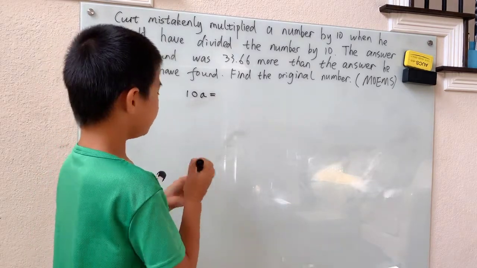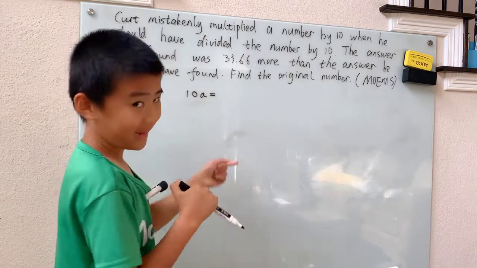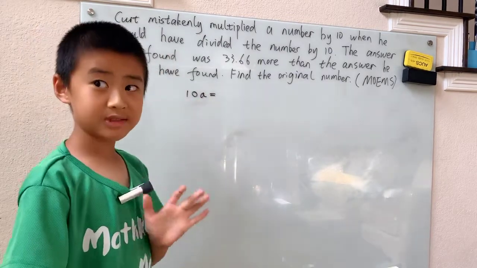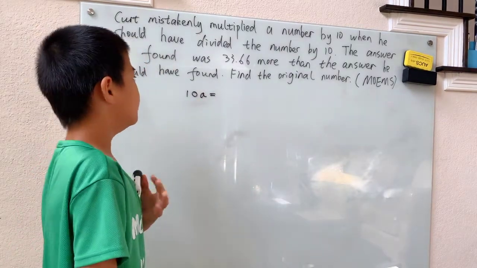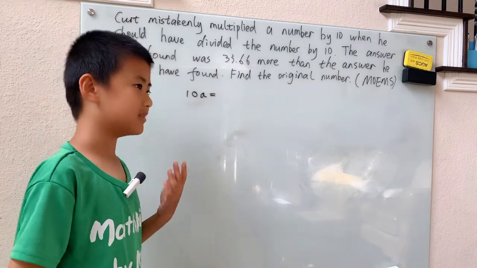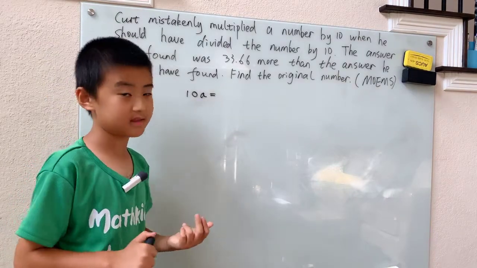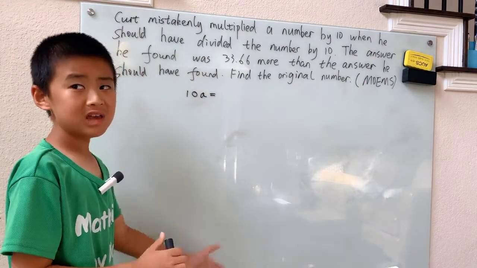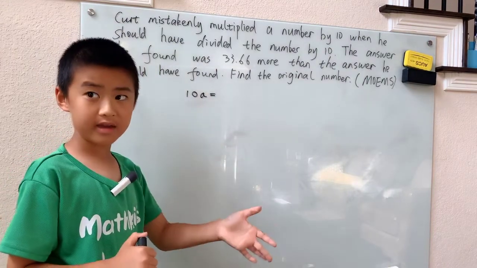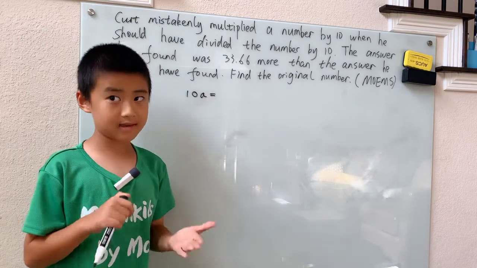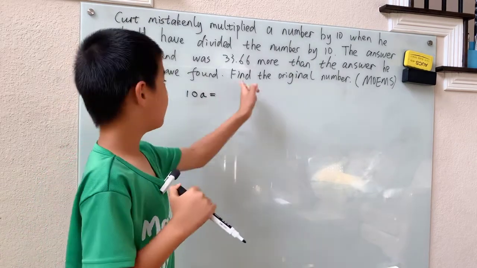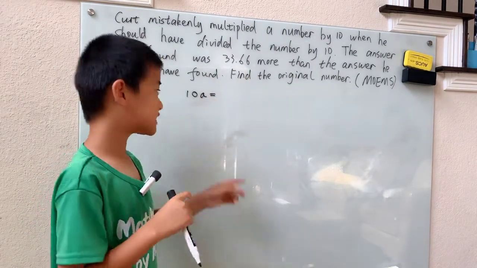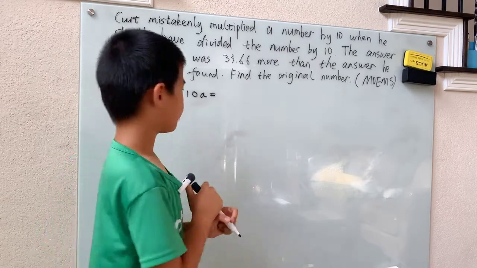Well, what we're told is 10A is 33.66 more than A divided by 10, because, well, they told us that. So if we take A divided by 10, and we add on that 33.66, we get 10A.